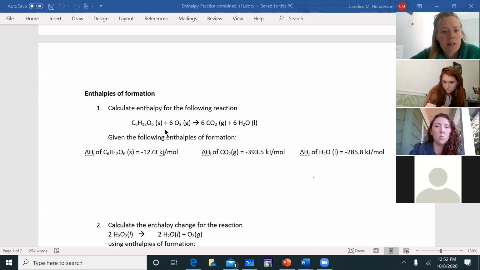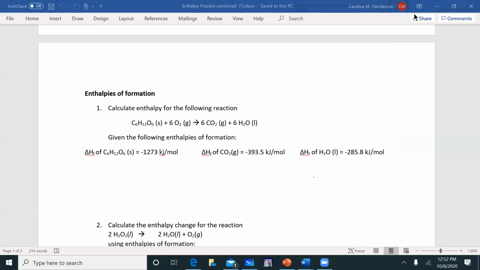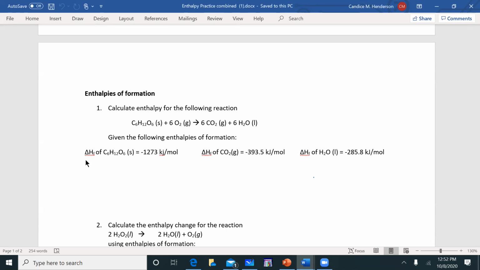So I believe this is the combustion of glucose. So go ahead and do this delta H based off of knowing the formations. And you don't have to reference anything else, everything you would need is right there.